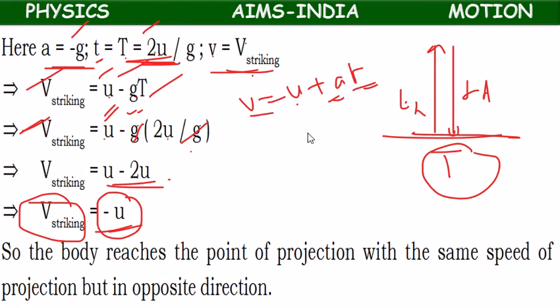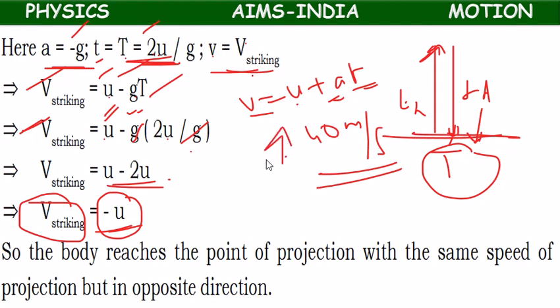Suppose we projected the body with 40 meter per second upwards, it will reach the point of projection with the same velocity, but downwards. The beginning velocity direction is upwards, which is taken as positive. The final velocity, the hitting velocity, is downwards, so we take it as negative.